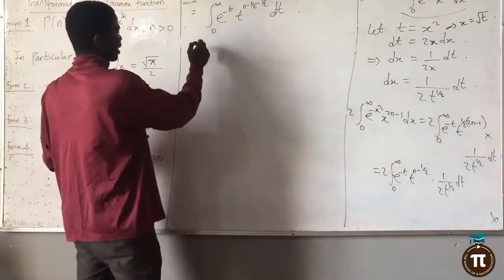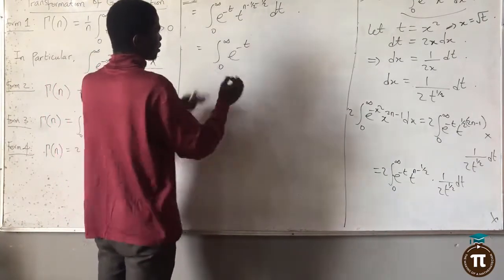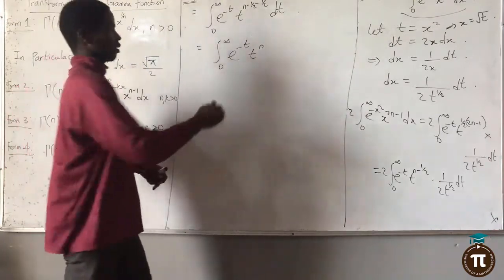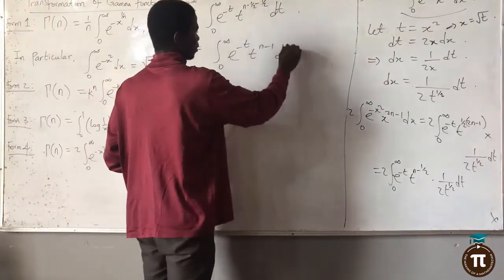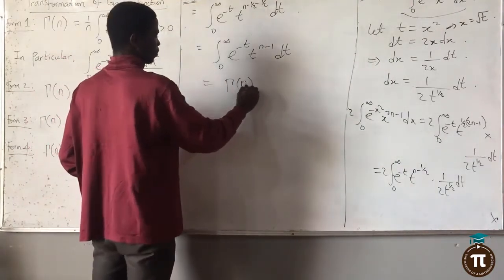So I have, at the end of the day, integral from 0 to infinity of e raised to the power of minus t, t raised to the power of n minus 1 dt. And this is just gamma of n.